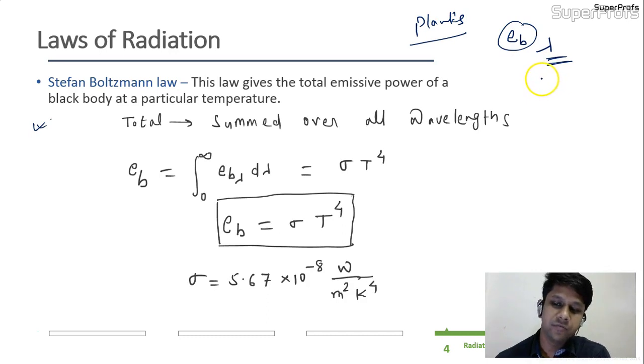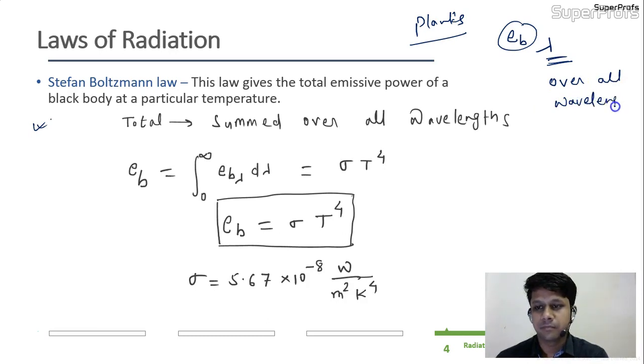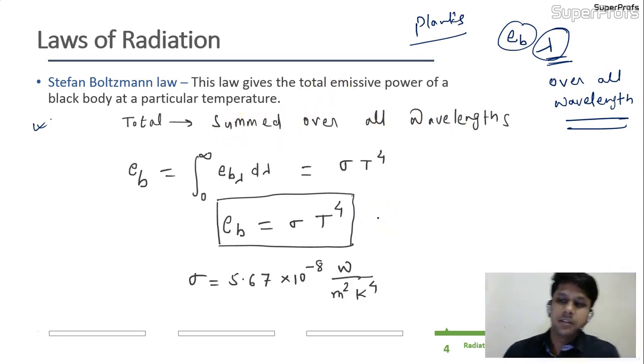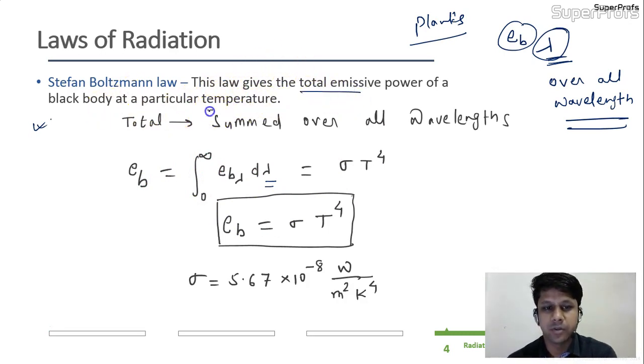But if we want this emissive power over all wavelengths, not at a particular lambda but over the whole spectrum of wavelengths, then we have to integrate this equation with respect to lambda from 0 to infinity. So this law gives the total emissive power of a black body at a particular temperature.